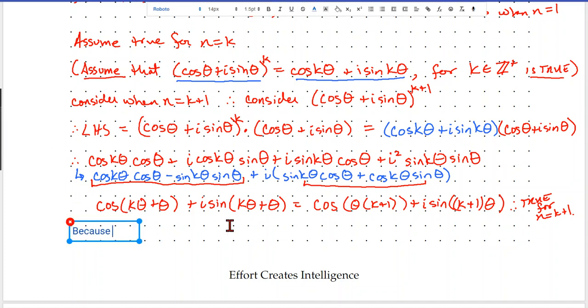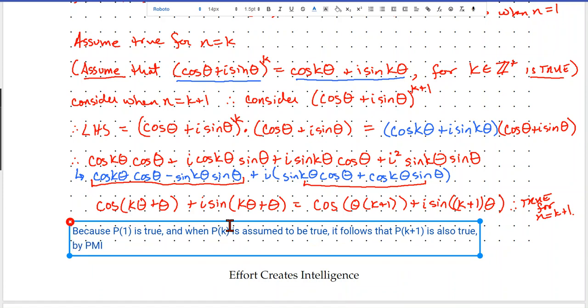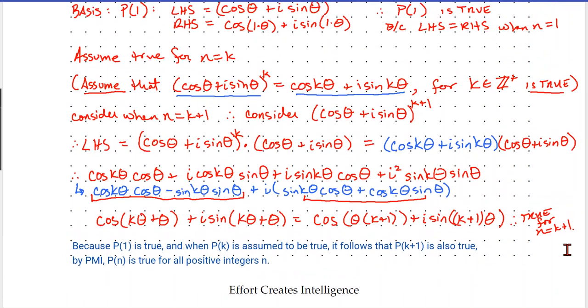We can say that because P of 1 is true, and when P of k is assumed to be true, it follows that P of k plus 1 is also true, by the principle of mathematical induction our proposition, our P sub n, is true for all positive integers n. And that's our work for mathematical induction.